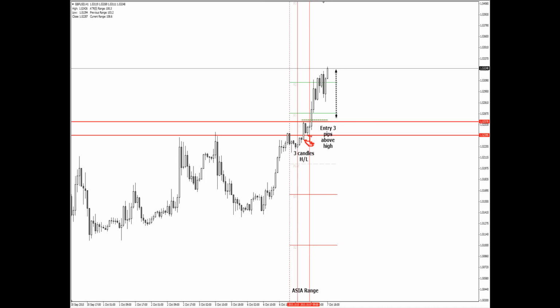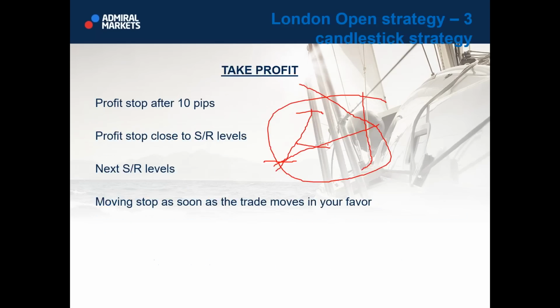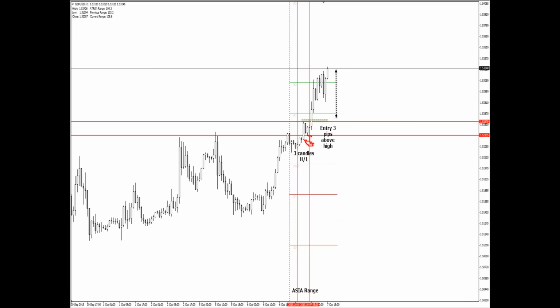This was the last candle before London opens. So we mark the range. Okay, we mark the range. Previous 3 candlesticks high and 3 previous candlesticks low. The range is marked here.